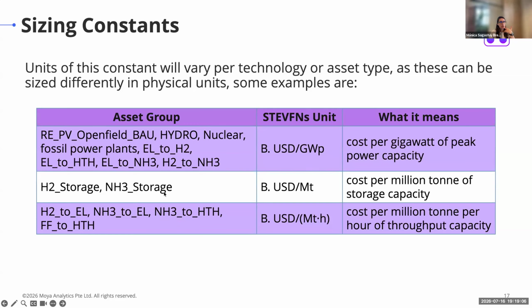If you have storage technologies, for these fuels or carriers, instead of being per unit energy, it's how much mass you can store of these vectors. Or if you have conversions, for example, ammonia to high temperature heating or hydrogen to electricity, then again we have the mass unit times hour, which is the throughput capacity you put through the equipment that converts your energy from one vector to another.